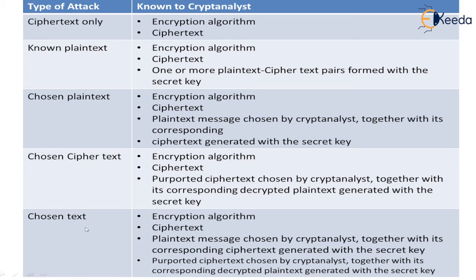For chosen text, along with these two factors, some plain text message chosen by the cryptanalyst together with its corresponding ciphertext generated with a secret key, and purported ciphertext chosen by the cryptanalyst together with its corresponding decrypted plain text generated with a secret key.